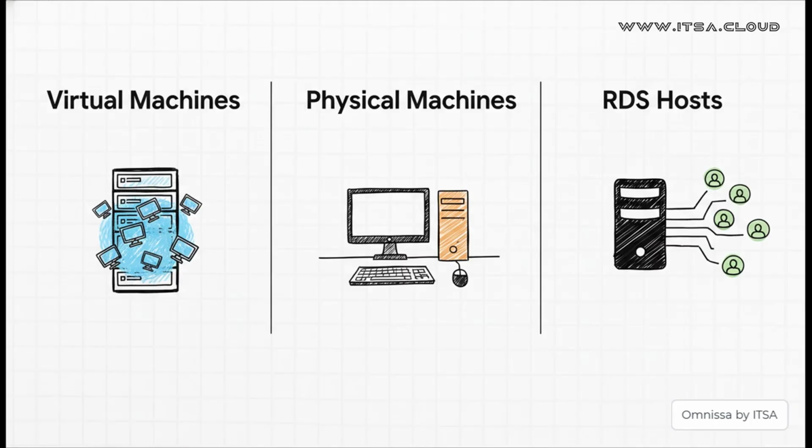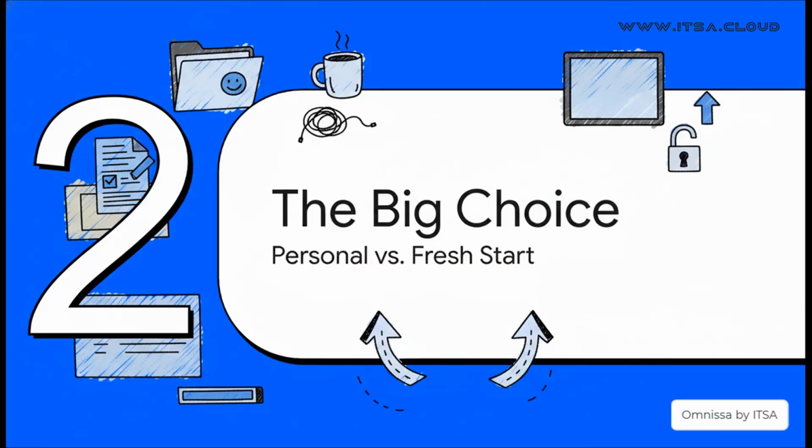But you can also include real physical machines, like a super high-powered workstation that a designer might need in an office. And finally, you have something called RDS hosts. The easiest way to think of this is like sharing one giant, super powerful computer. Multiple people can log in and use its horsepower all at the same time, but they each get their own private, secure session.